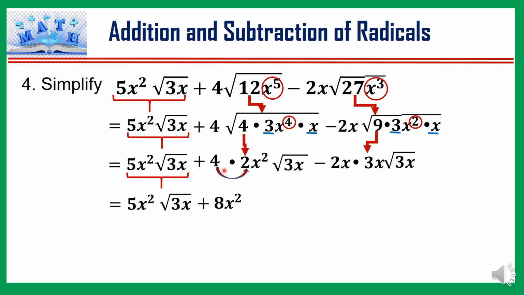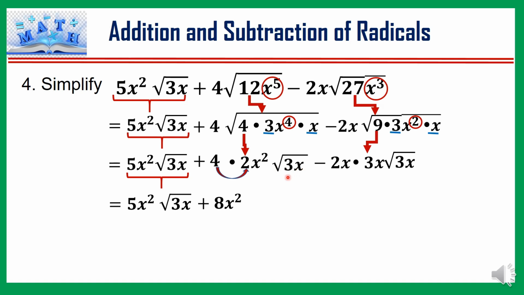And then, since si 4 ay nasa labas ng ating radical symbol at kailangan natin siyang i-multiply dito kay 3x, ano pong gagawin natin? We cannot multiply directly terms outside the radical symbol and terms inside the radical symbol.